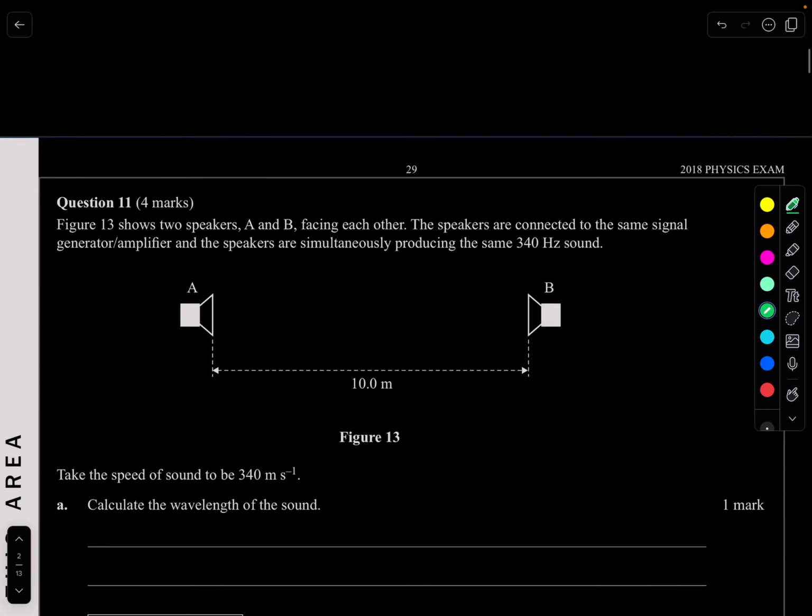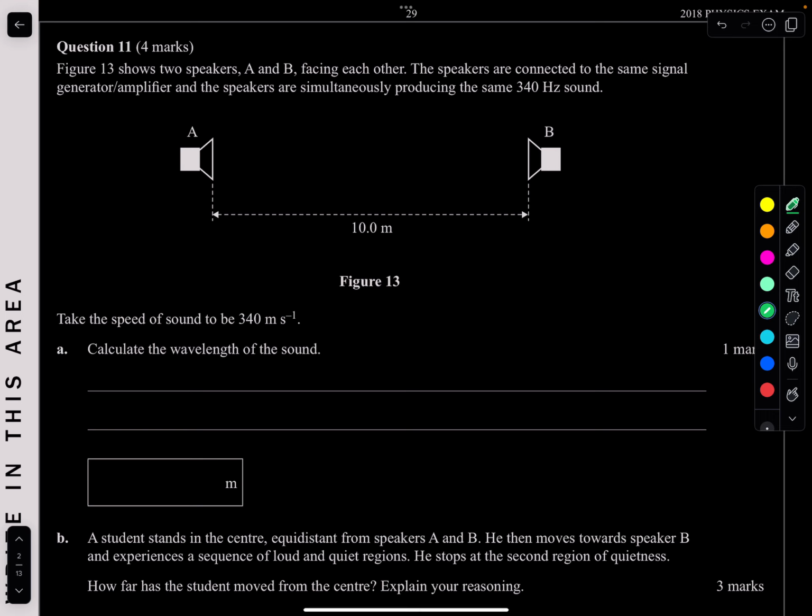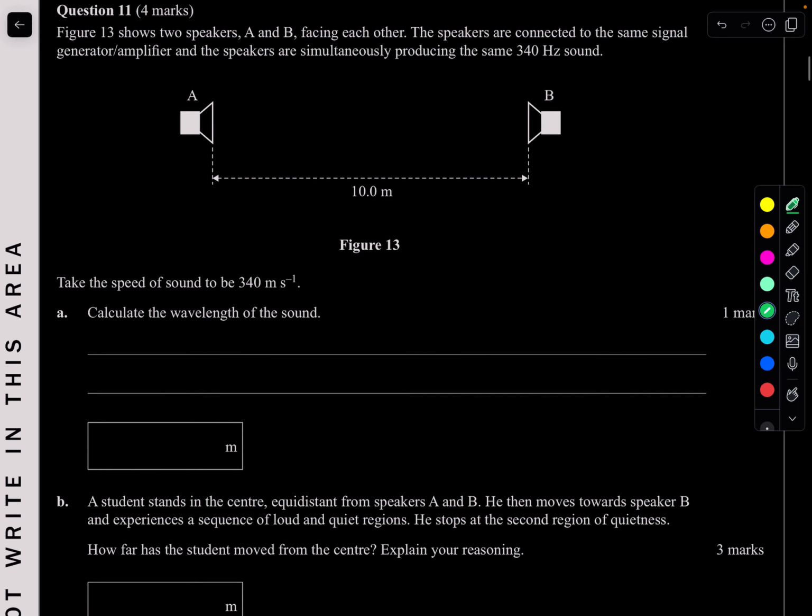Perfect. Question 11. Figure 13 shows two speakers, A and B, facing each other. The speakers are connected to the same signal generator or amplifier, and the speakers are simultaneously producing the same 340 Hz sound. Take the speed of the sound to be this, calculate the wavelength. Easy. So, we know that velocity is equal to your frequency times your wavelength.